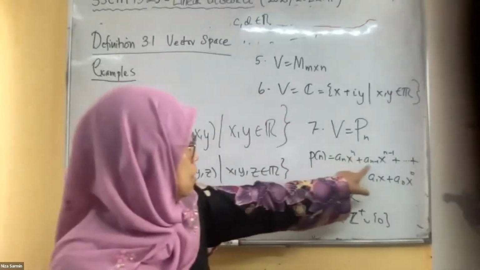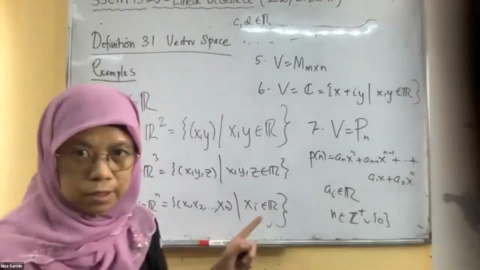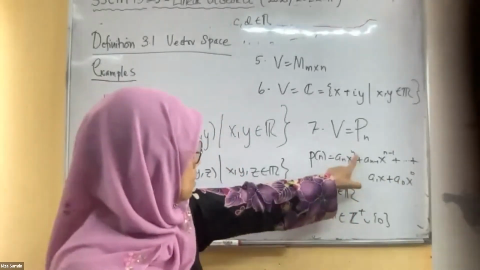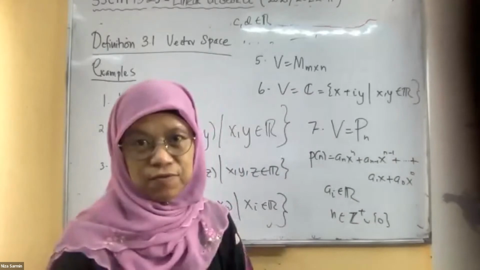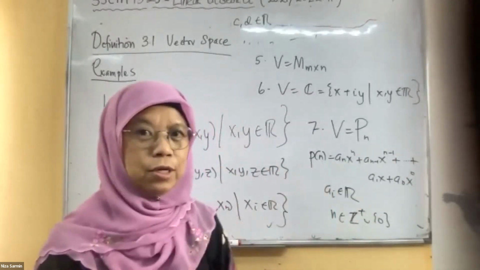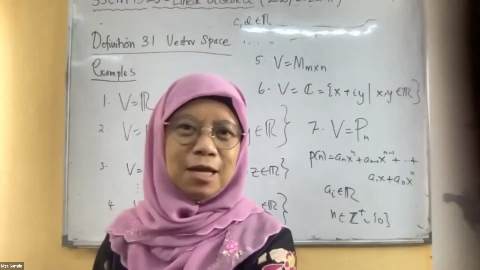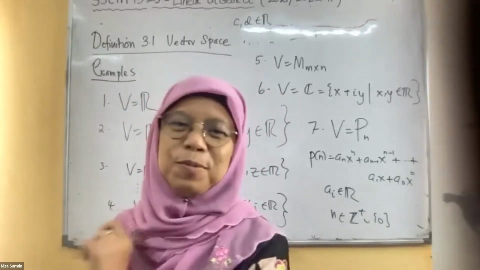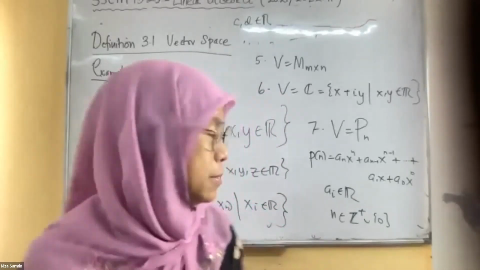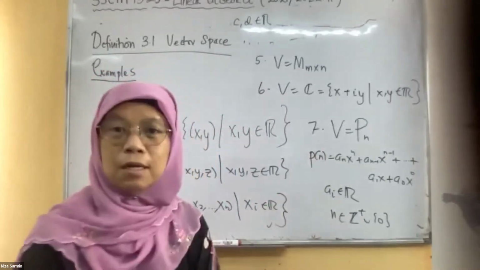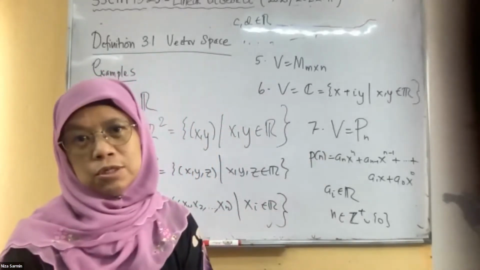The coefficients can be any real number. The power has to be non-negative: 0, 1, 2, 3. Like p(x) equals 2x cubed minus 3x squared plus 1. That is a polynomial. You learned this before, right? So this is a vector space, and the 0 is the zero polynomial.